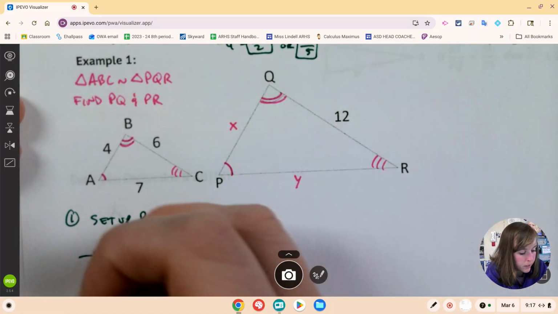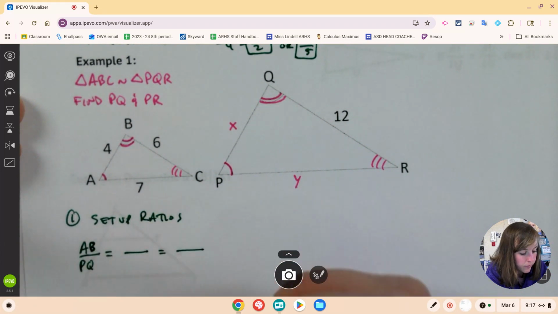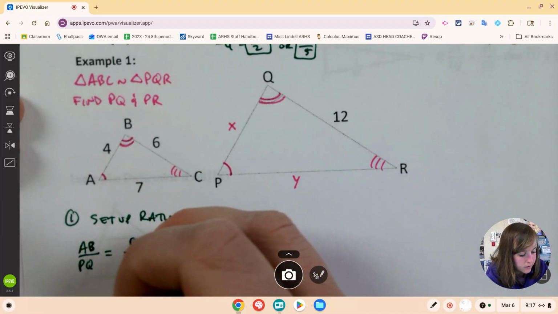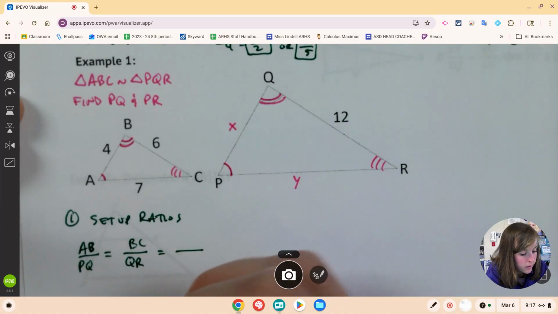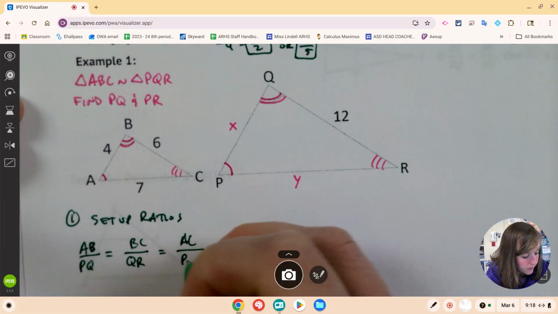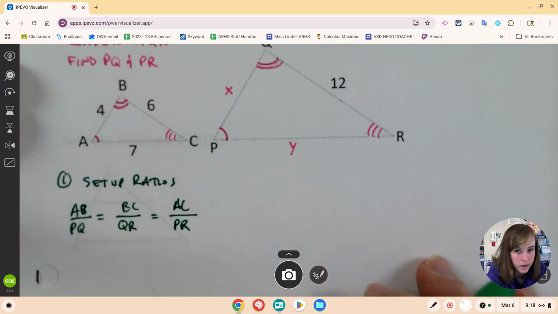AB goes with PQ, so we're going to have AB over PQ. Next one, BC goes with QR. Last one, AC, goes with PR. All right, so now we have our 3 ratios all set up.